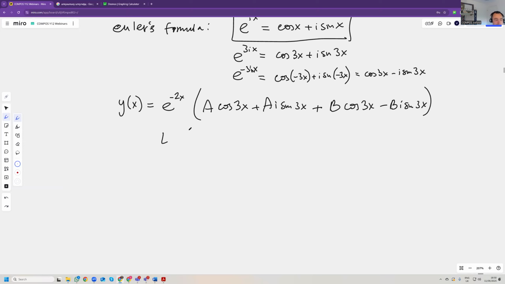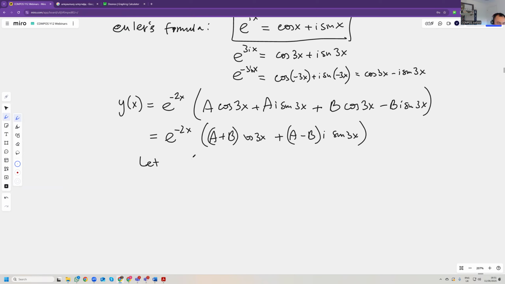Now let's combine them. e to the minus 2x, (a plus b) cos 3x plus (a minus b) i sine 3x.